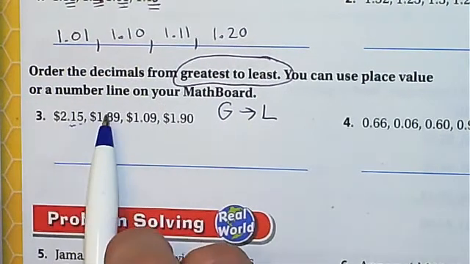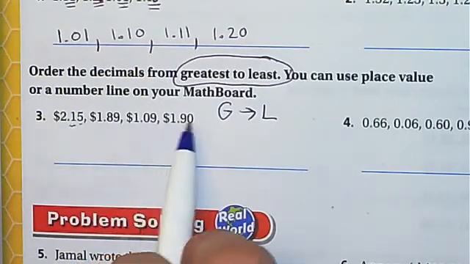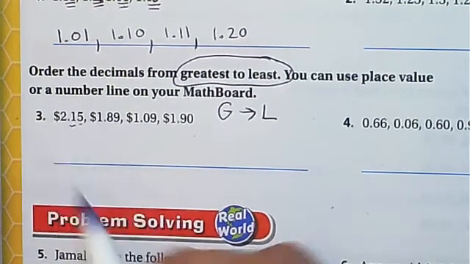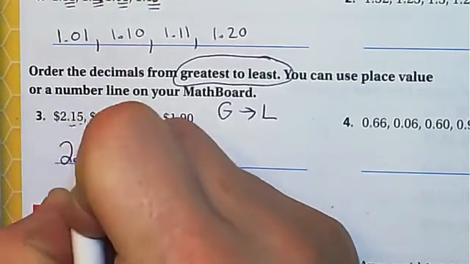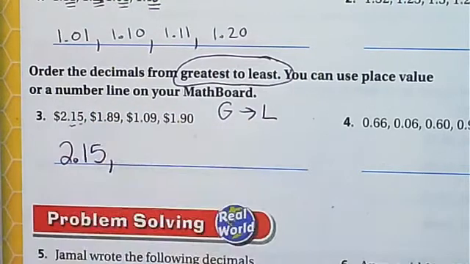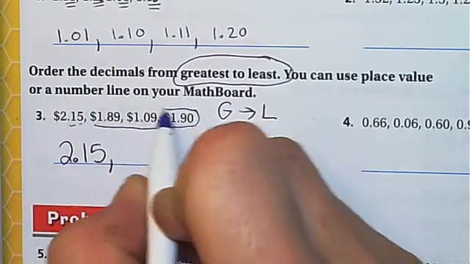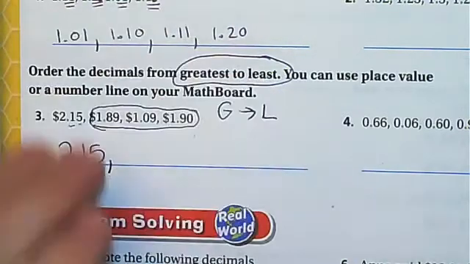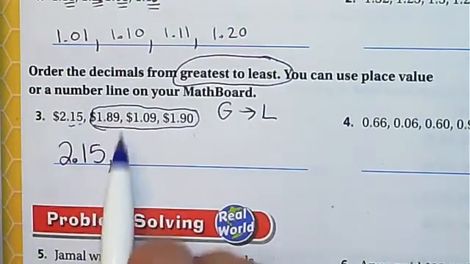So I want to find my largest amount. $2 was something, $1 was something, $1 was something, $1 was something. Well, anytime we have 2 wholes versus 1 whole, 2 wholes is definitely going to be bigger, so he's going to be first. So 2 with 15. Now we have to be careful and look at these. We're going big and we're going down.